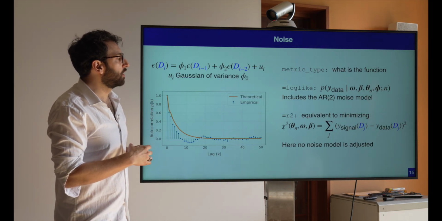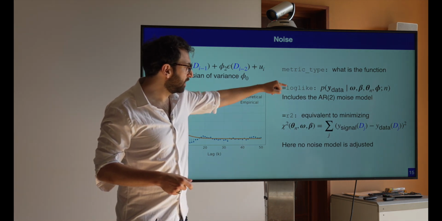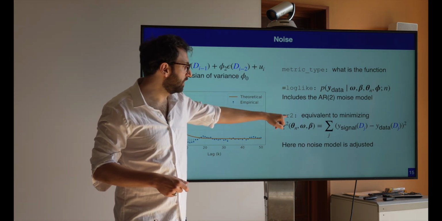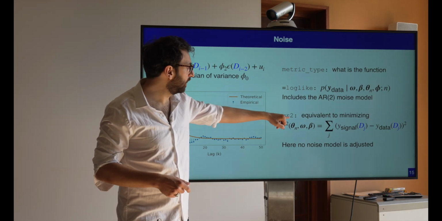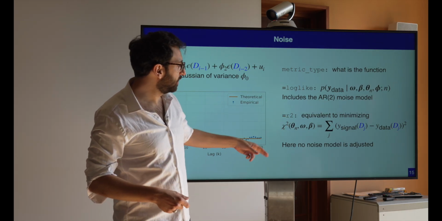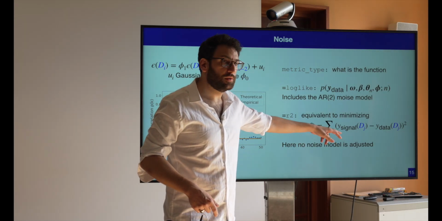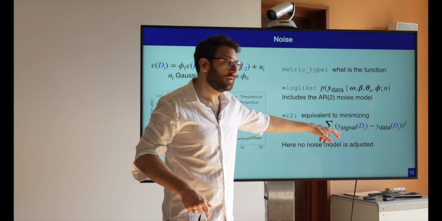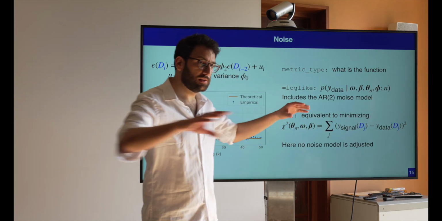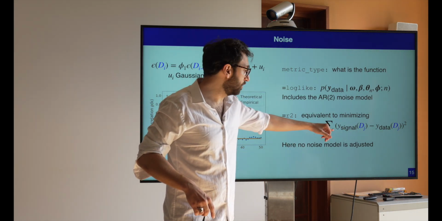So you could also try, instead of maximizing the likelihood, to maximize the R2 metric. In this R2 metric, there is no adjustment of the noise. You assume that the noise is the same everywhere, and you won't have a correlated noise at all.